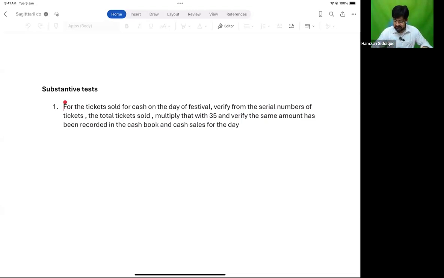Then they said there are 15,000 tickets sold.